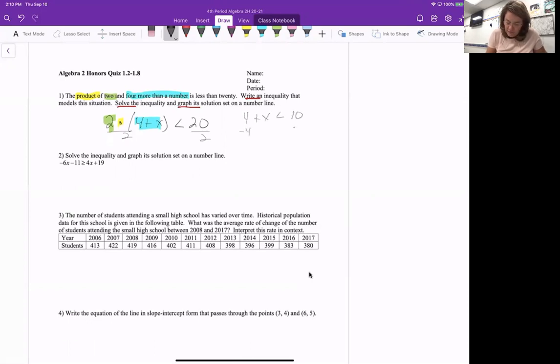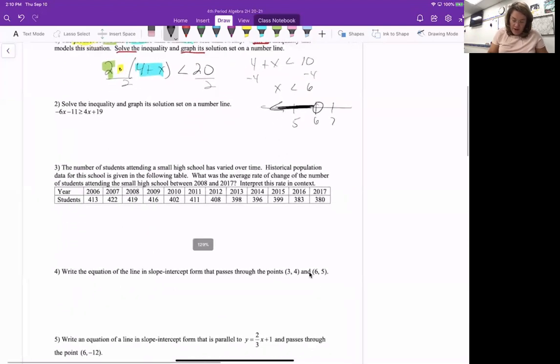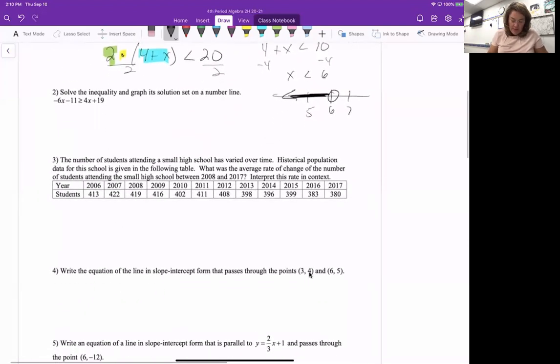Then I'm going to subtract 4 from both sides, and I would get x is less than 6. And then I will make a number line. I have an open circle since it's only less than, there's no equal, and it's less than 6, so I have to move to the left.